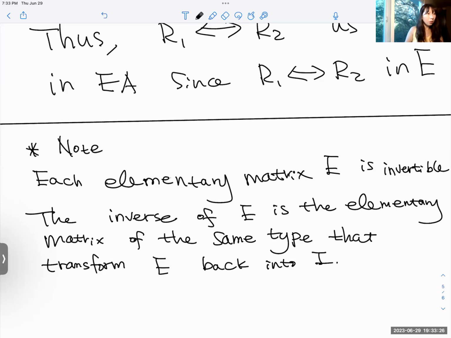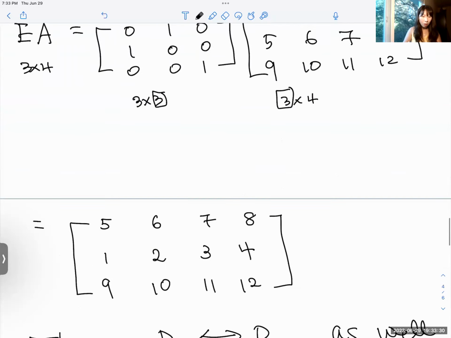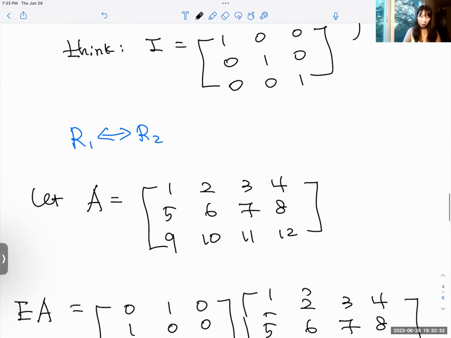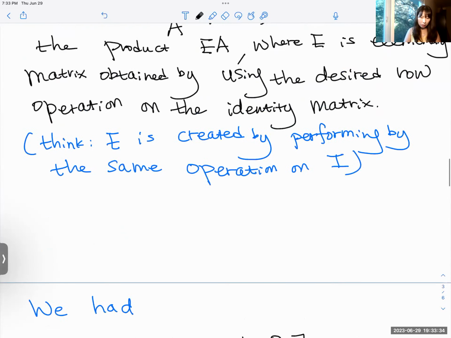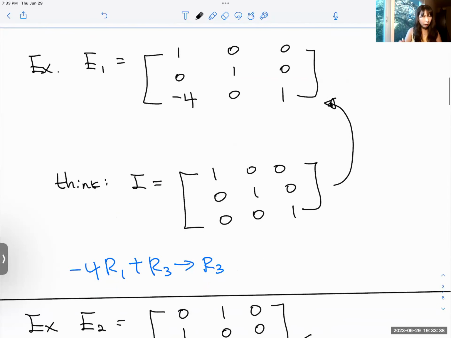So we had this already. Negative 4 R1. This one. Okay. So we have this one.